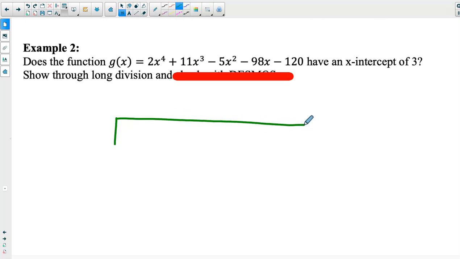What goes on the outside here? x minus 3 is perfect. My function goes on the inside there.